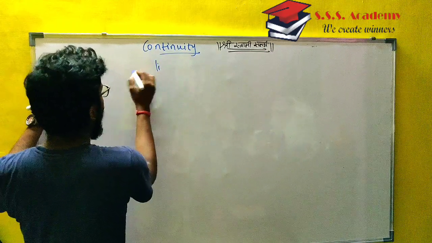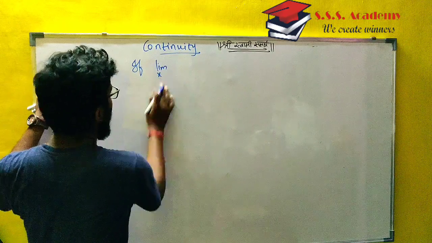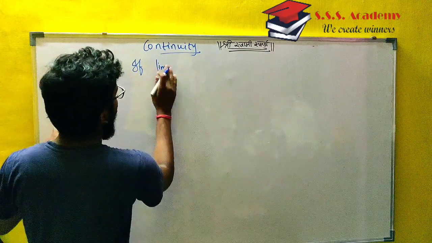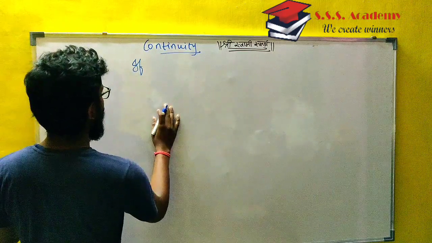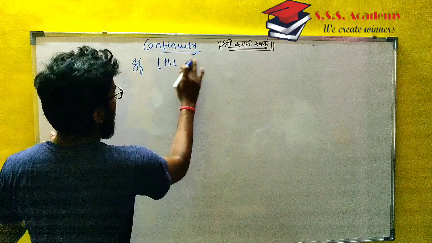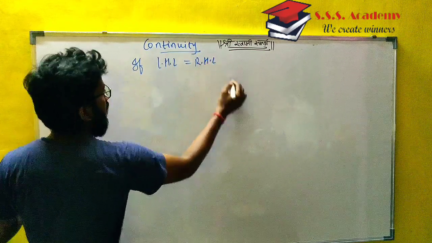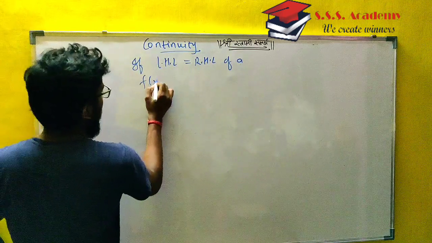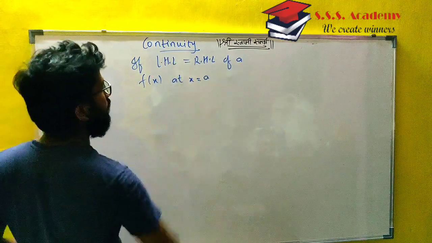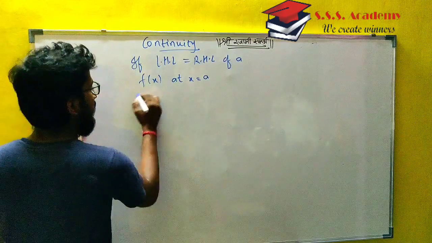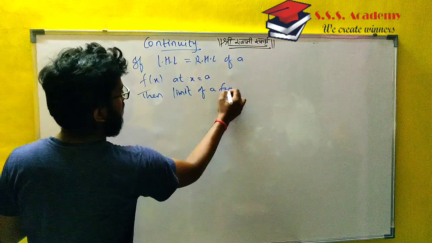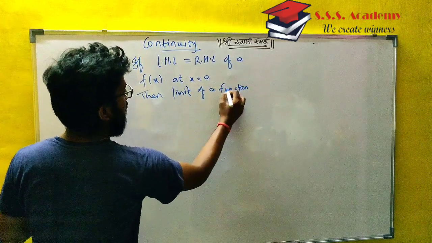We know that if the left hand limit equals the right hand limit of a function at x equals a, then we say that the limit of the function exists.